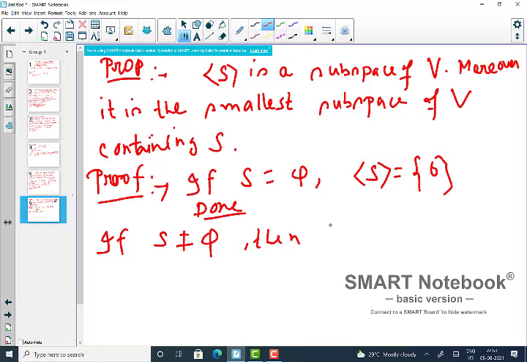So choose something, say x. Or rather, I can choose inside S only; I don't need to choose span of S. So this is non-empty, so I can choose one element.